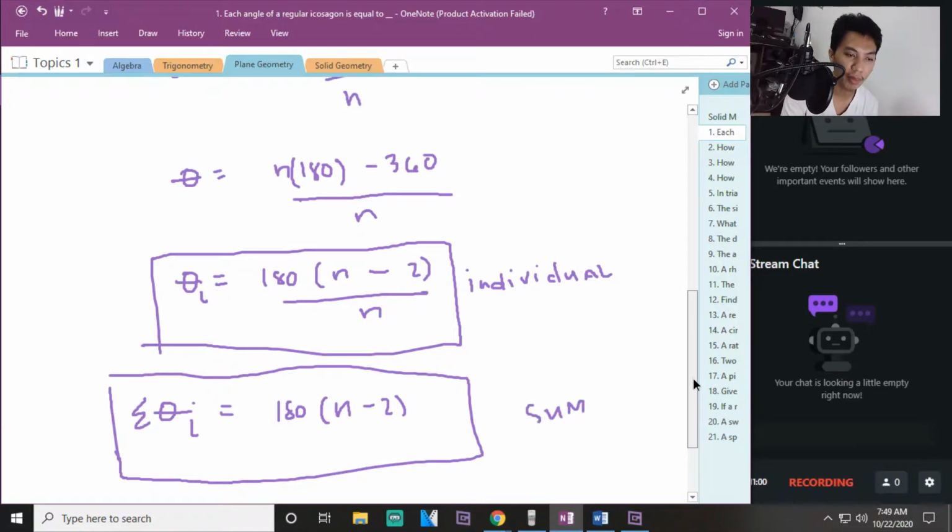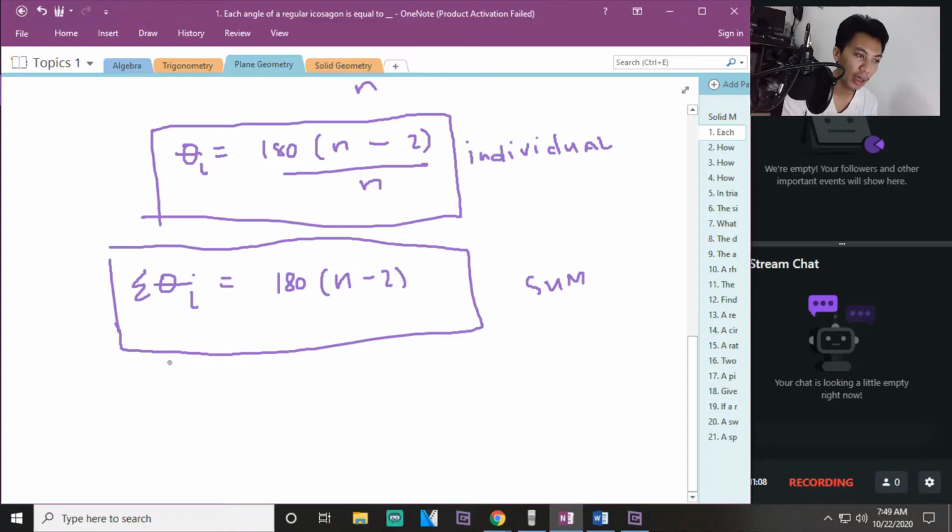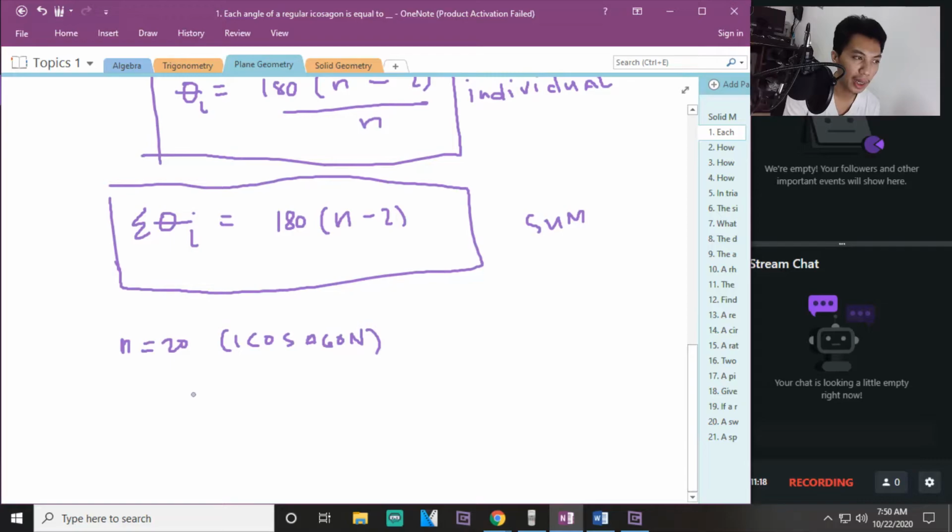So, don't forget about this. Hinuli ko siya para i-derive natin. Ngayon, tinatanong dito the interior angle. So, icosagon, 20 sides. Icosagon equal to 20 sides. Yan. So, we will know the interior angle kung ilan siya.